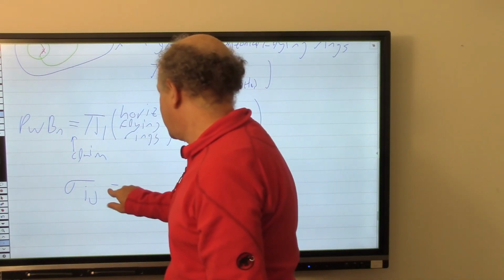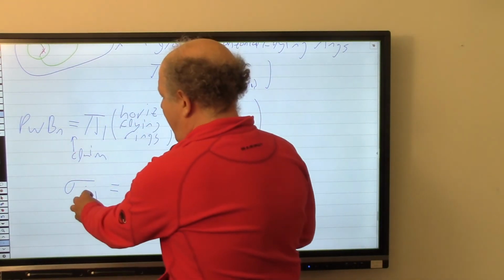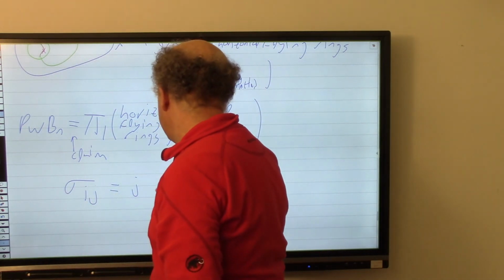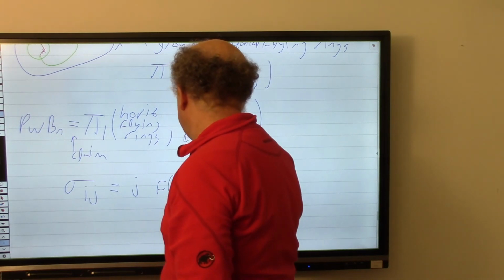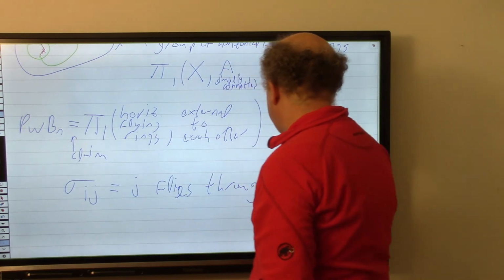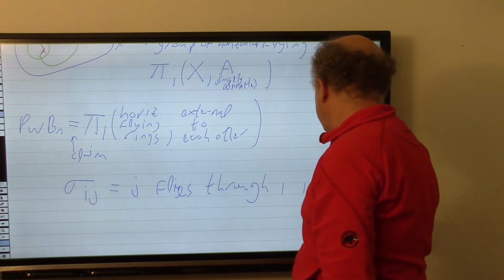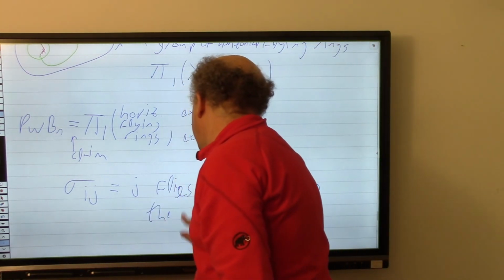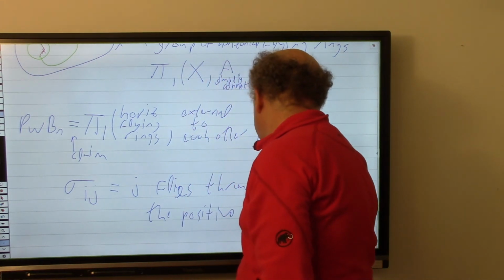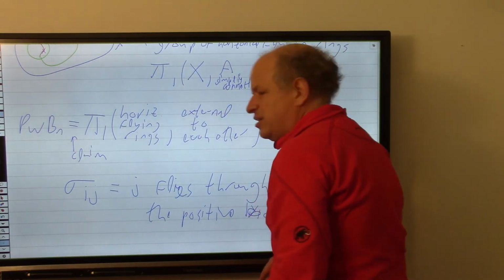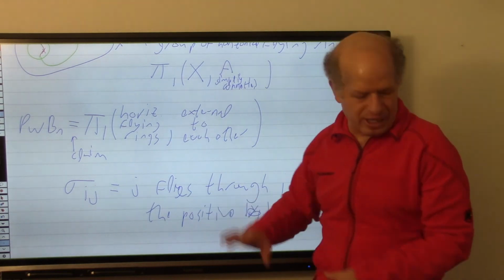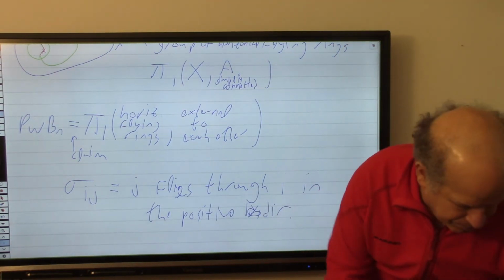So sigma ij is, well, i is the bigger ring, so j flies through i in the positive direction, and since I really want to run, I will not tell you what the positive direction is right now, but I will tell you next time.